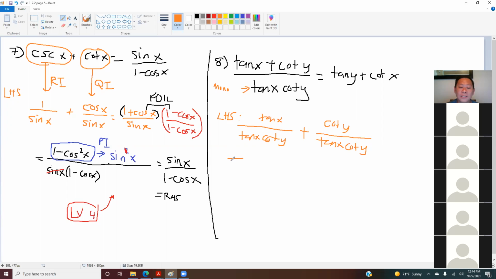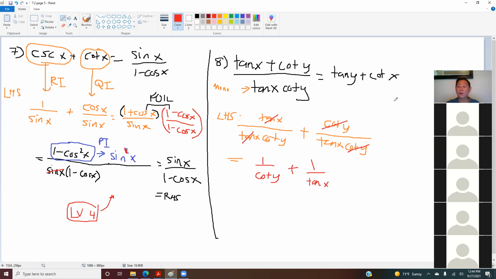So once you split this into 2, we can cancel. This side you can cancel the tangent x. This side you can cancel the cotangent y. So what you're left with in this case is 1 over cotangent y. And what you're left with here is 1 over tan x.